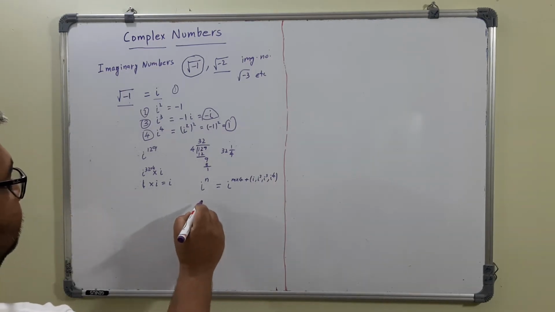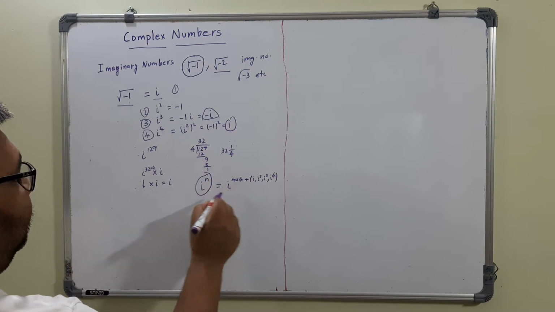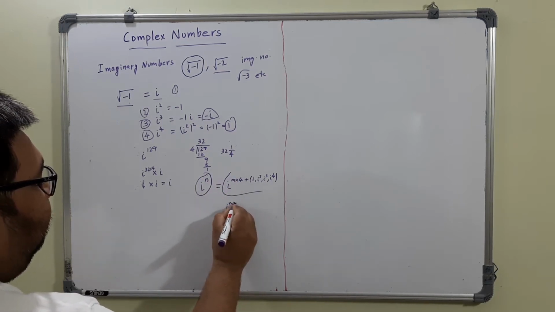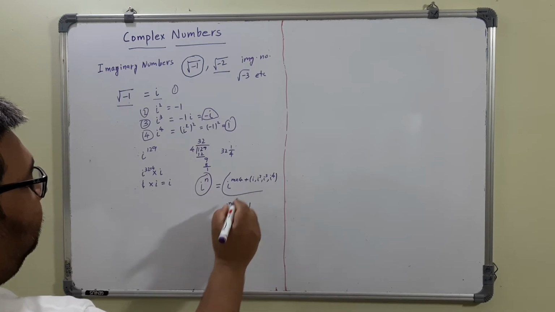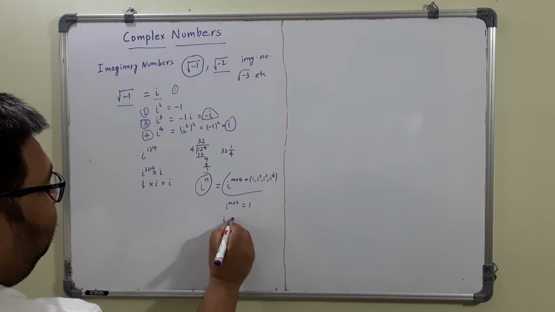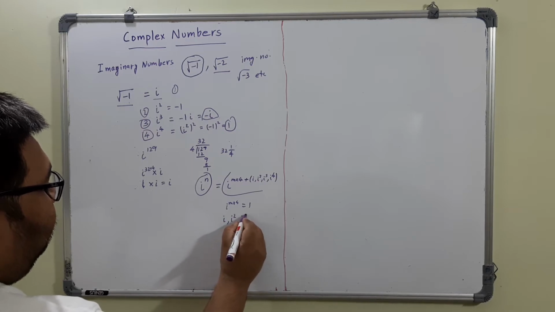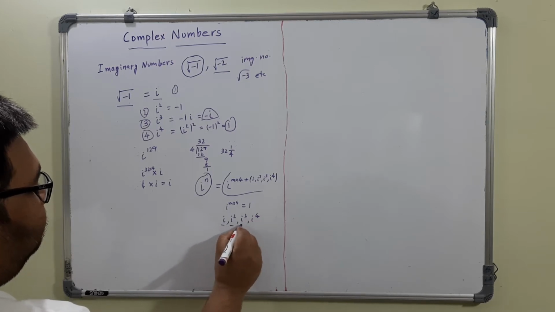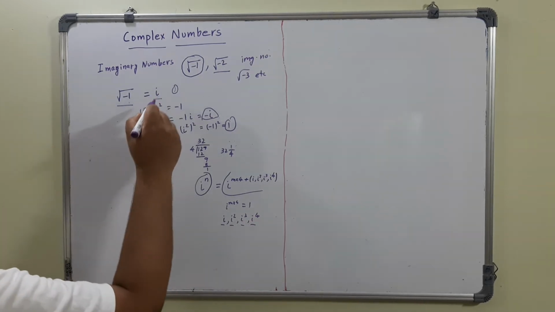So all i to the power n can be written in this form, and when the 4m part becomes 1, then this becomes i, i squared, i cubed, or i to the power 4. All these values are written here.